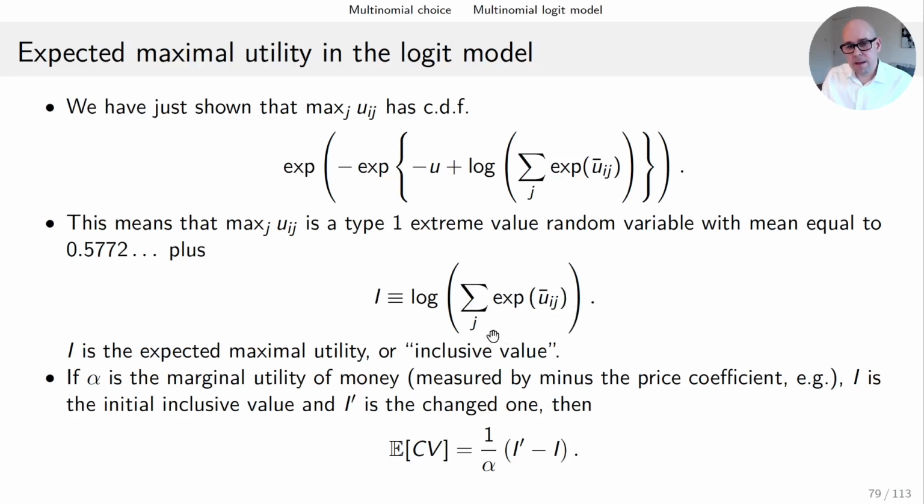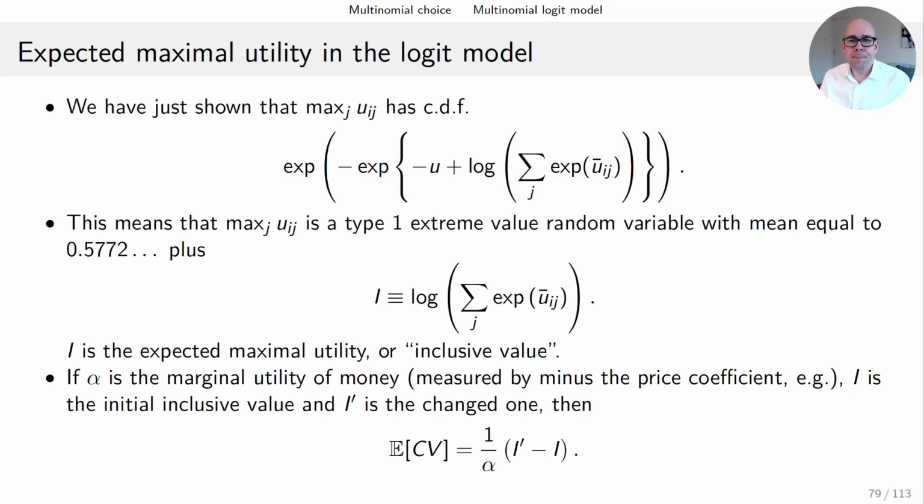This quantity here is showing up in the denominator of the multinomial logit model. And I is called sometimes the inclusive value, and it is the expected maximal utility. And this brings us back to actually welfare analysis, right?